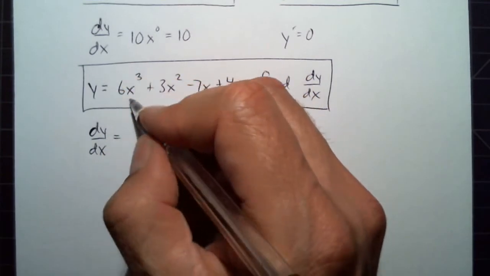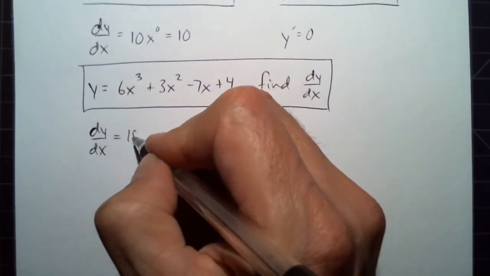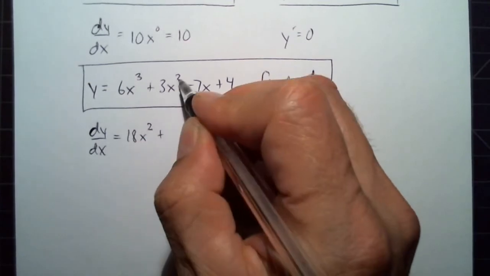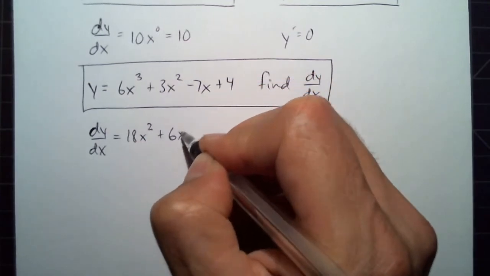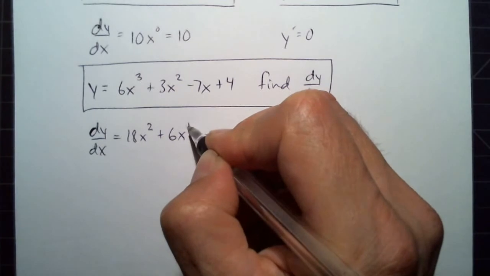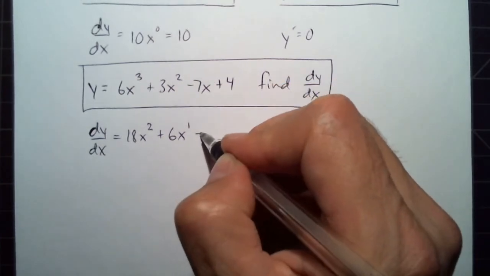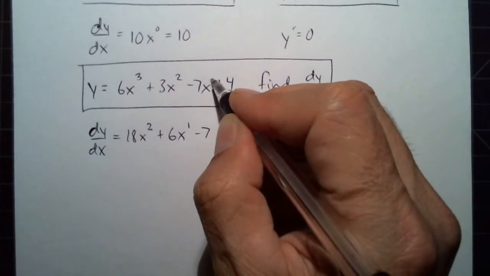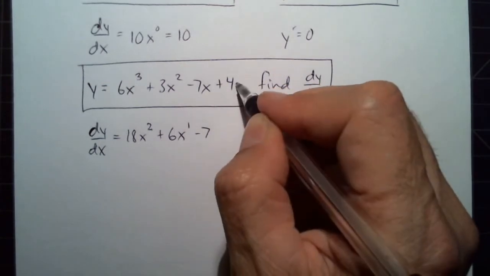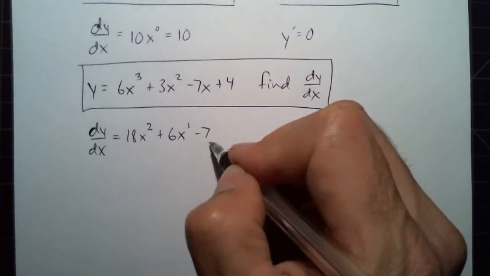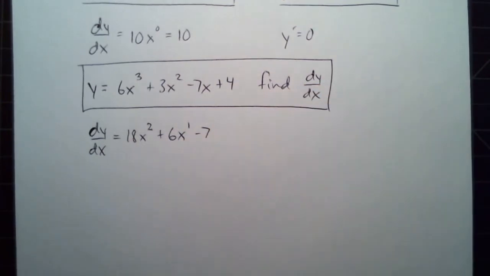We do the power rule here. 3 times 6 is 18. 3 minus 1 is 2. Then we have 2 times 3 is 6. 2 minus 1 is 1. Here's 1 times negative 7 is negative 7. 1 minus 1 is 0. On this one we'd have 0 times 4 is 0. So the derivative of 4 is 0, and there's the derivative of the polynomial.